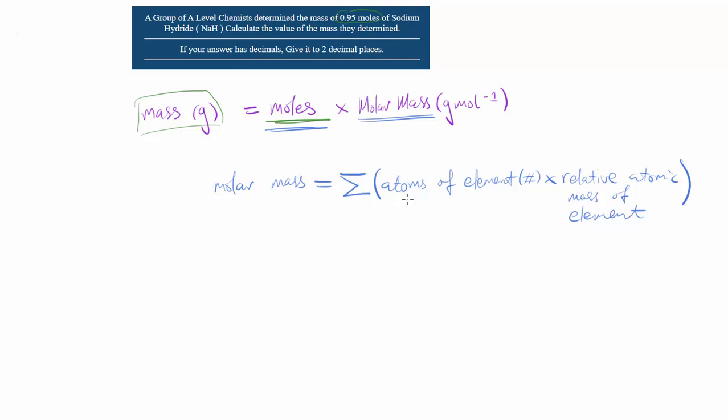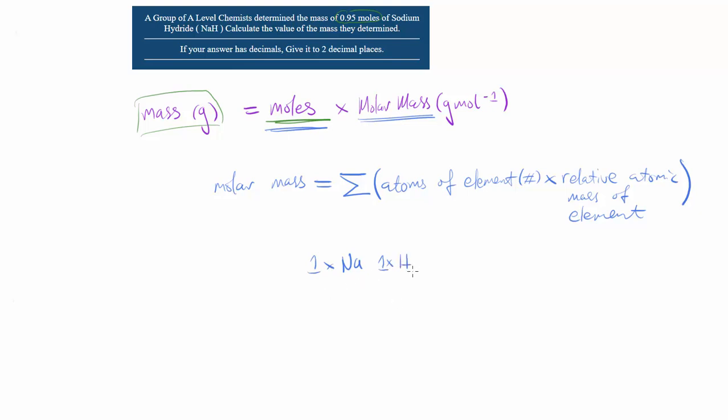So in this case, if we're looking at the sum of the atoms of the element, for each of these we've got sodium first of all, so we've got 1x sodium. And for the hydrogen, we've got 1x hydrogen, right?